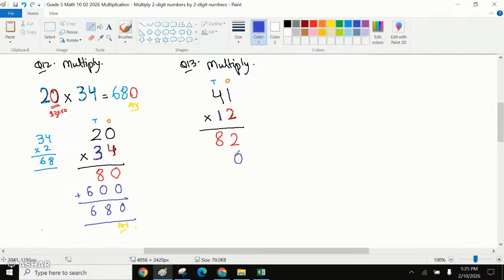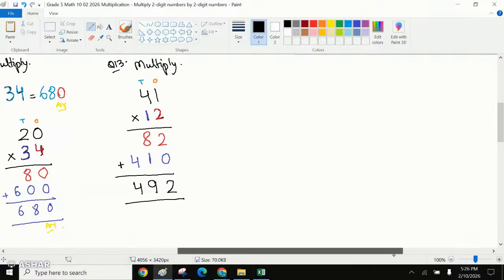We say this was a 0. 1 multiplied by 1 would be 1. And 1 multiplied by 4 was 4. When we add them together, this becomes 2, this becomes 9 and 4. So we can say when 41 was multiplied by 12, our answer came out to be 492.